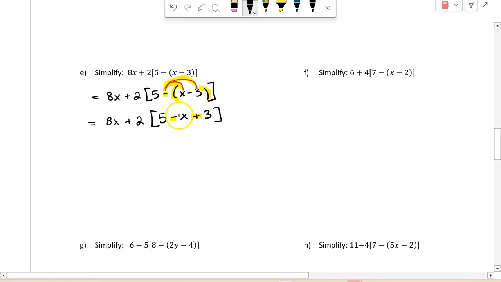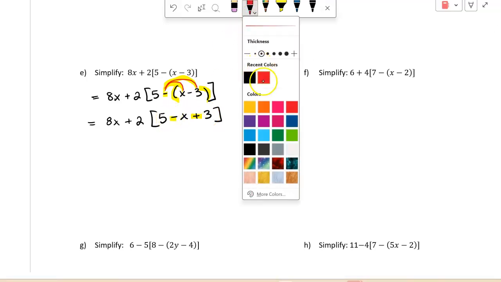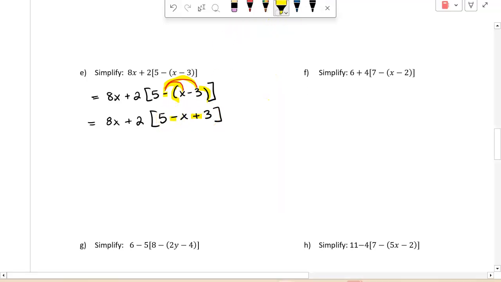And once you've gotten rid of those parentheses, you can now look inside your brackets and see, is there anything I can simplify inside these brackets? Because again, we want to use order of operations, which means we have to deal with parentheses first. And I told you guys, think of these brackets like parentheses. So simplify what's inside. And these are my like terms inside.